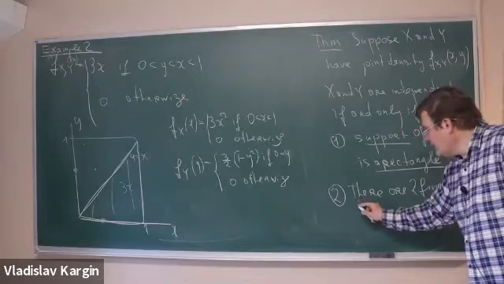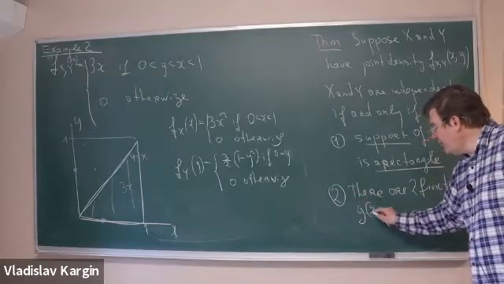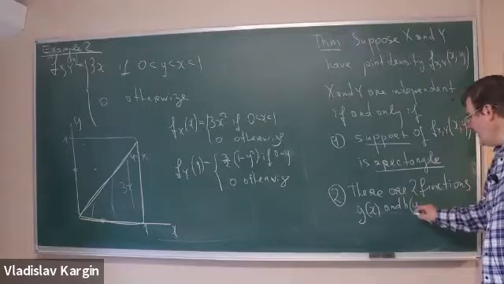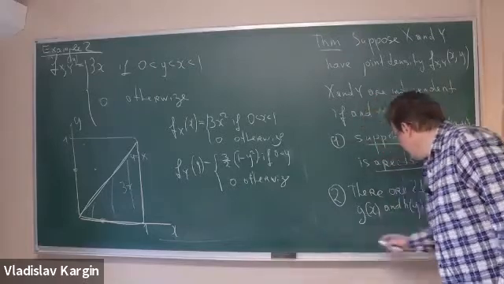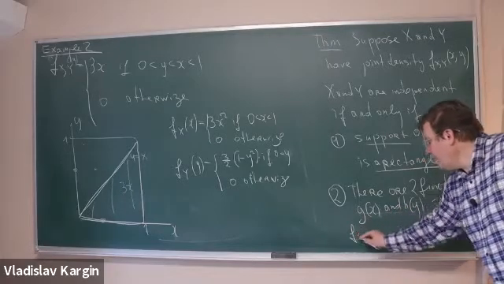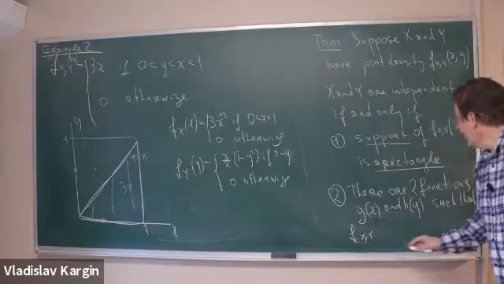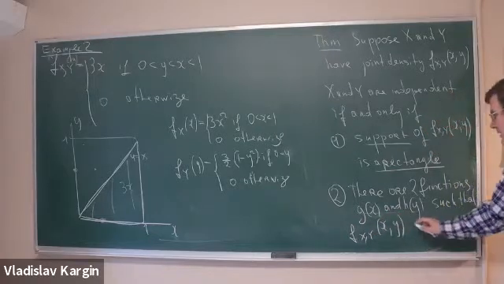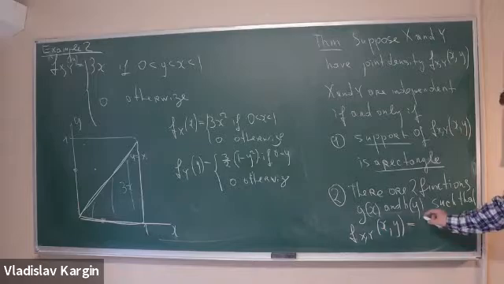So say call it g of x and h of y, such that f of x, y is equal to g of x multiplied by h of y.